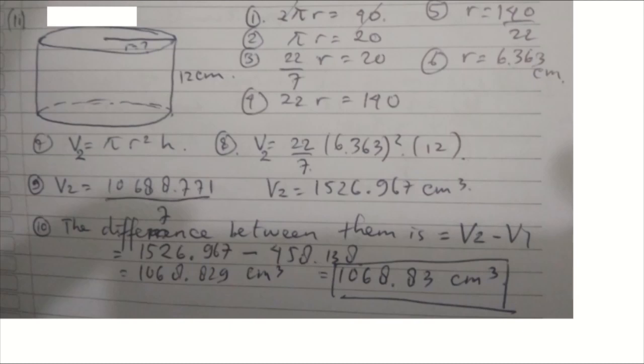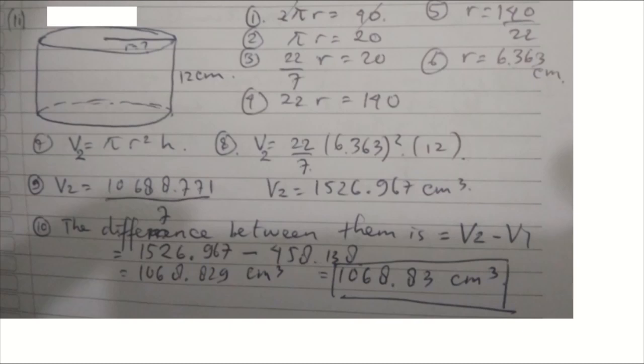Now, remember, this is a question that actually has 4 points. Some of my students just finish until finding the second volume, which is 1526.967 centimeter cube, without answering the main question. The main question is actually finding the difference between those two volumes.